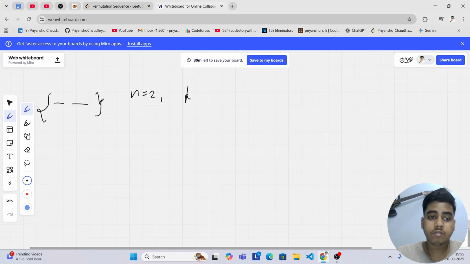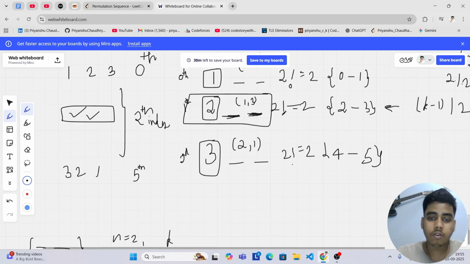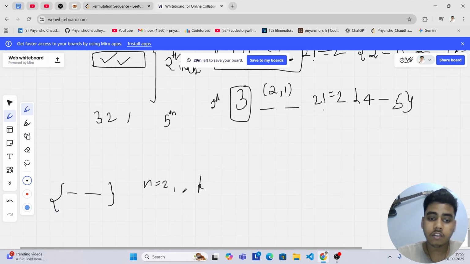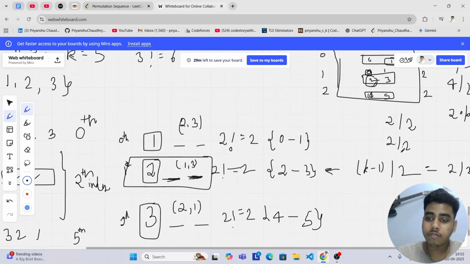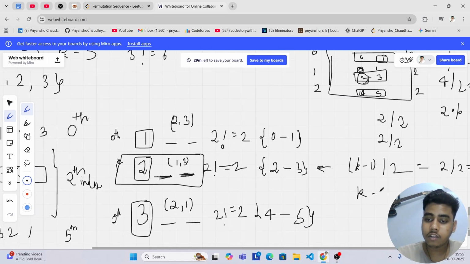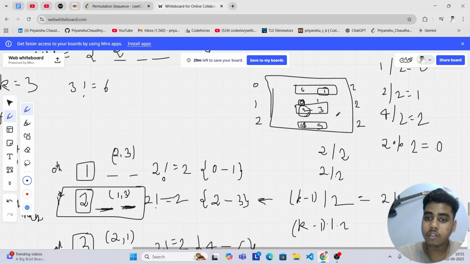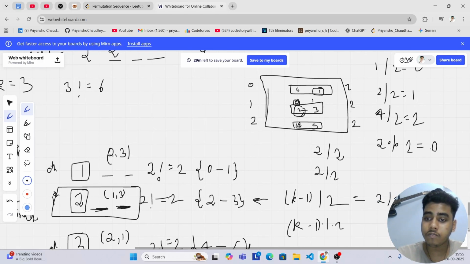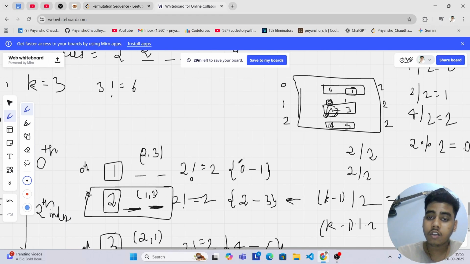In this block, which element do I have to find? We know that we have to find k minus 1 modulo 2, as I told earlier, which is 2 modulo 2, which is 0. So in this block I have to find the 0th element.